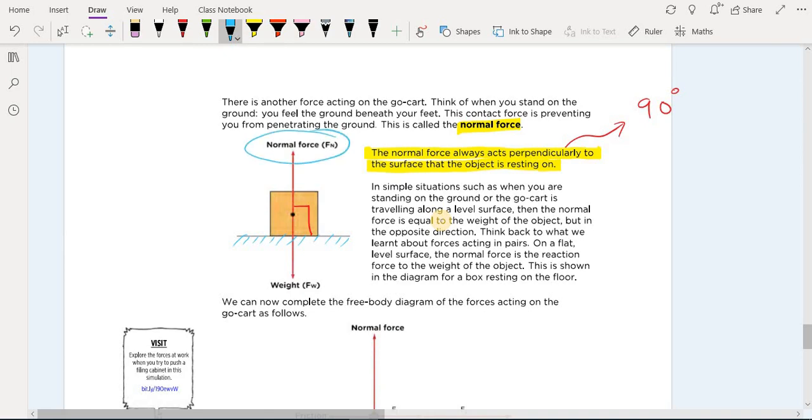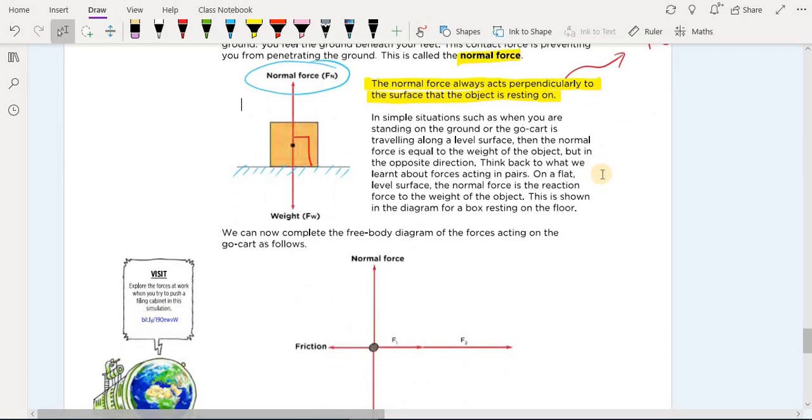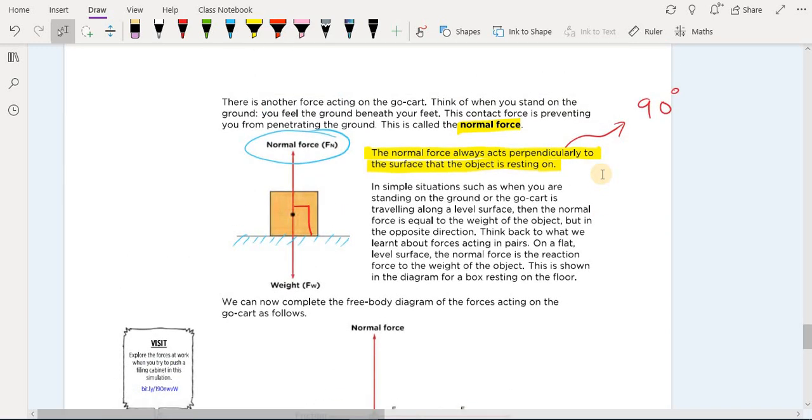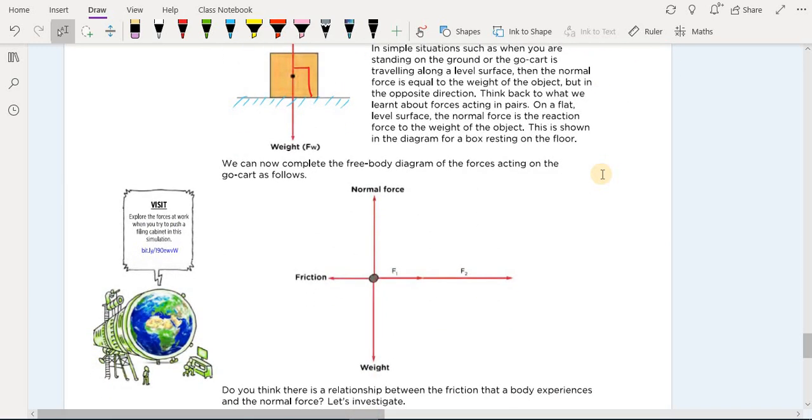So it's the force that the ground is exerting on the object. So if we read that again, the normal force always acts perpendicular to the surface that the object is resting on. And so if we go back to our go-kart and we want to complete our free body diagram, that's our normal force, that's our friction, and that's our weight.